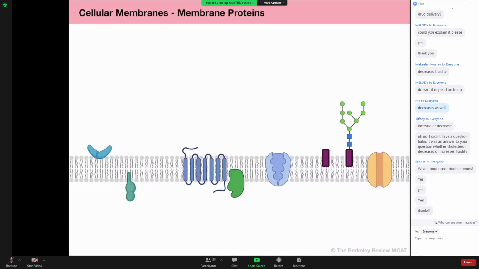And membrane proteins, there's different classes of them. There's integral, so these are going to span the bilayer.